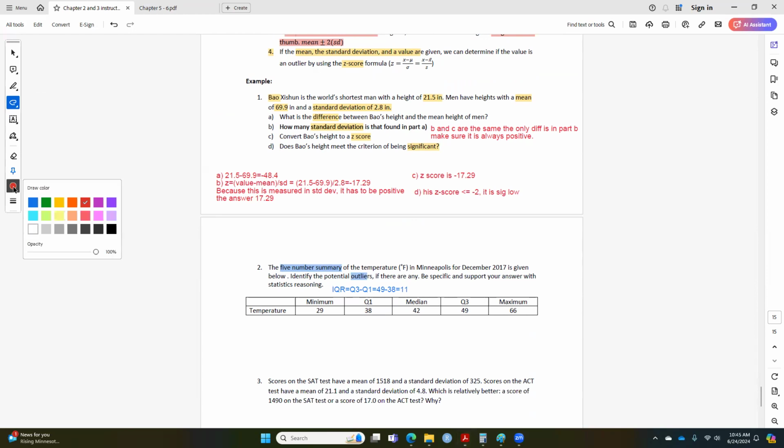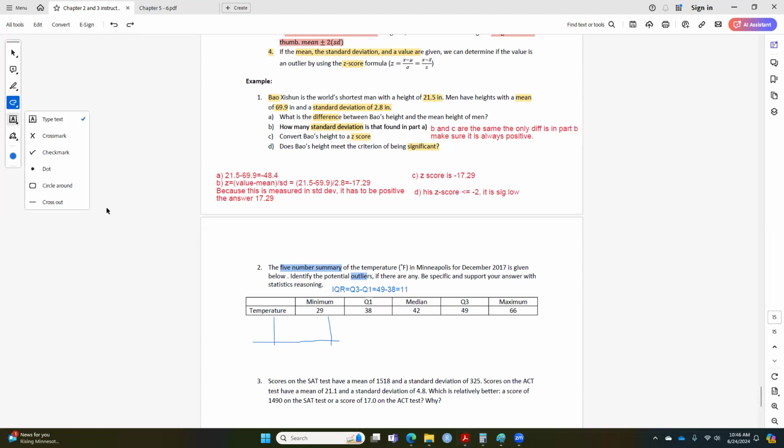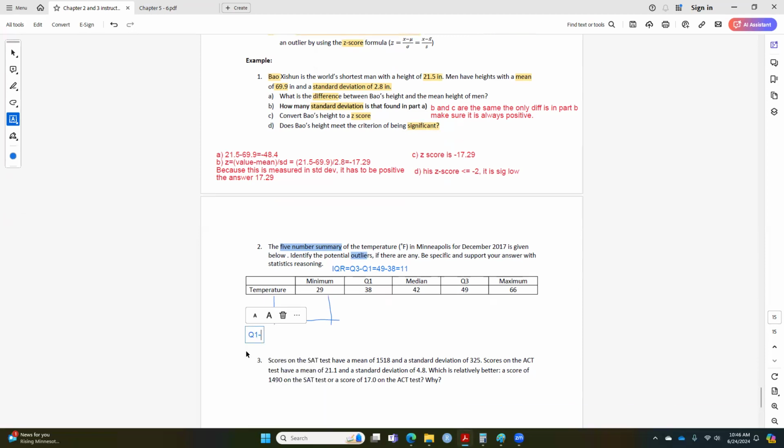And what we're going to do next here, class, is give me your picture here, because again, the picture means a lot to us. So you will use Q1 minus 1.5 times IQR. I'm going to type this because it's going to be faster for me. Q1 in this case is 38 minus 1.5 times IQR.